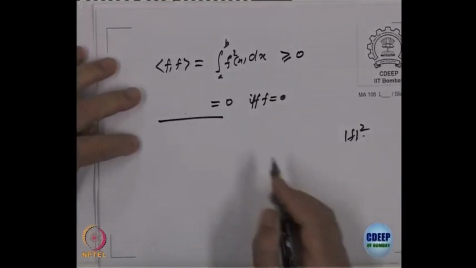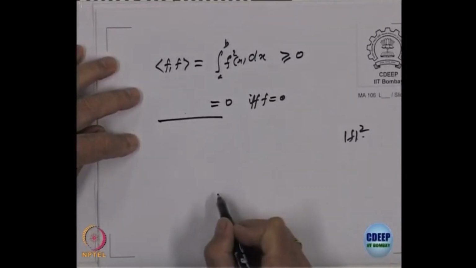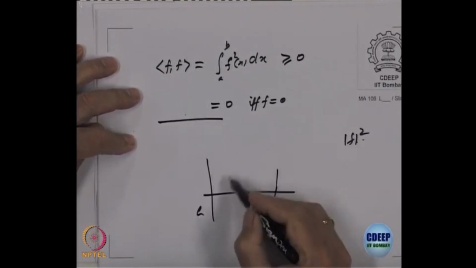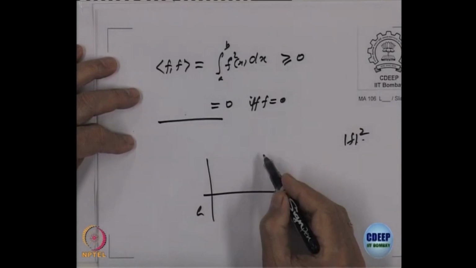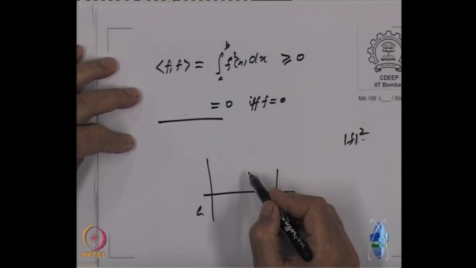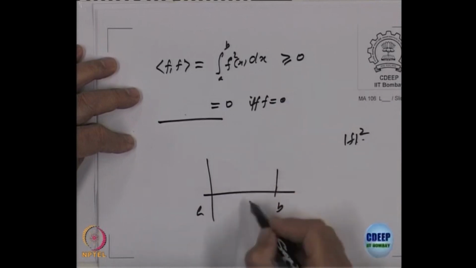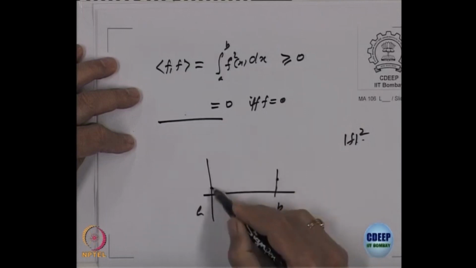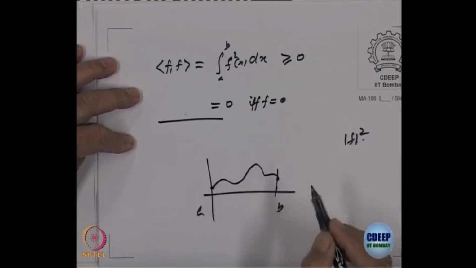See, that calculus theorem is quite nice actually. If this is a and this is b, and the function is continuous and non negative, the graph will be above the x axis.